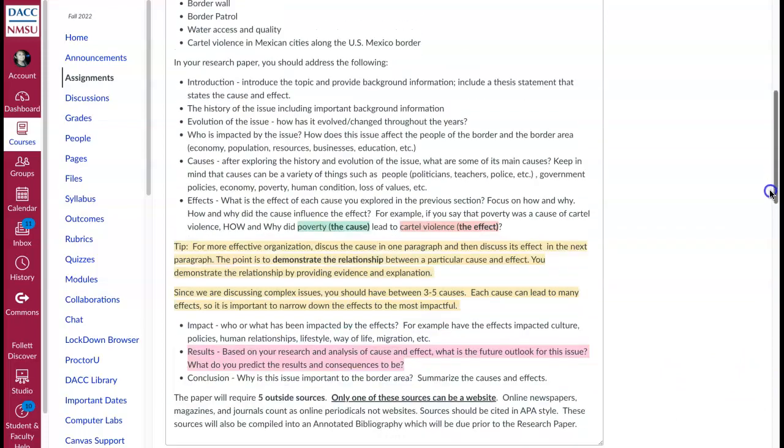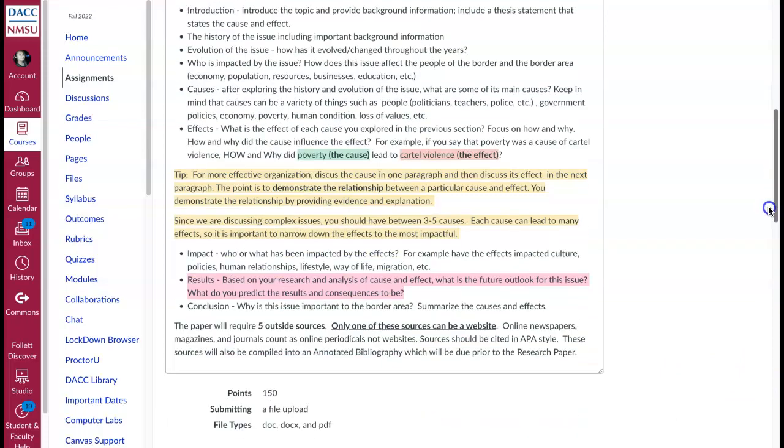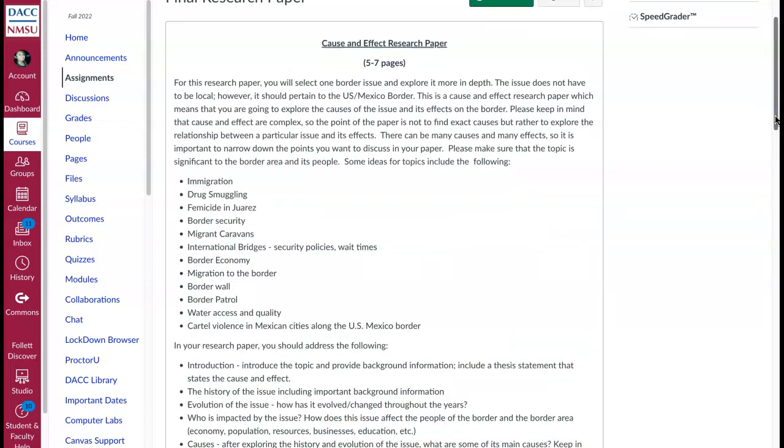Okay, so there's also a rubric that you will find below, but I want to discuss the topic. So obviously for this topic, you want to choose something that is related to the US-Mexico border, and there are a lot of topics that you can pick. However, I have selected a few.